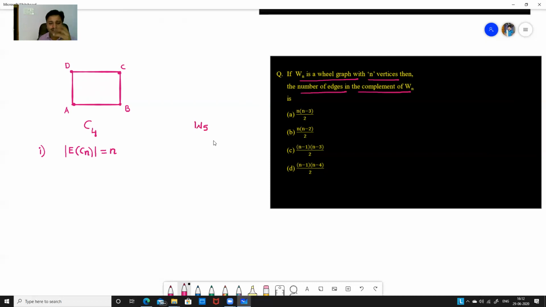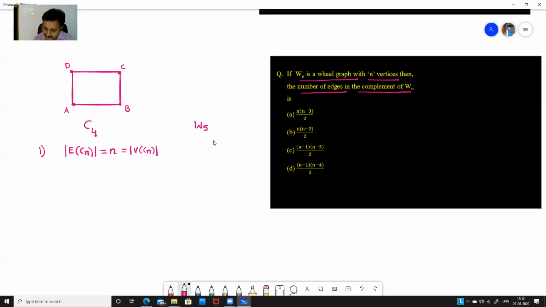You already covered this in the previous videos. Similarly, the number of vertices in the cycle graph Cn is also n. The length of the cycle is also n. Of course, we don't want to recall all the properties now. So this is the basic idea.